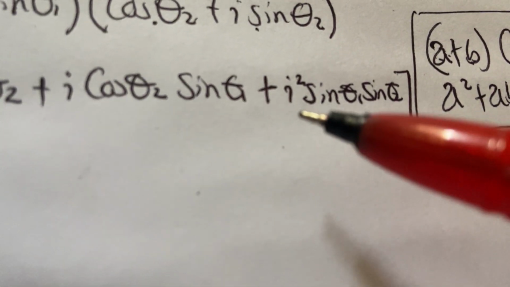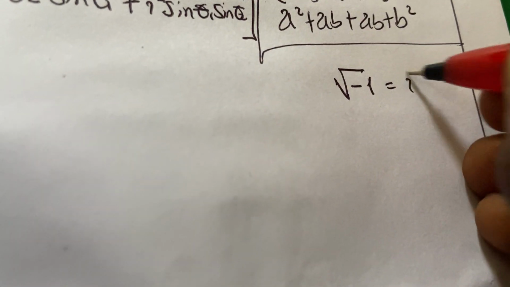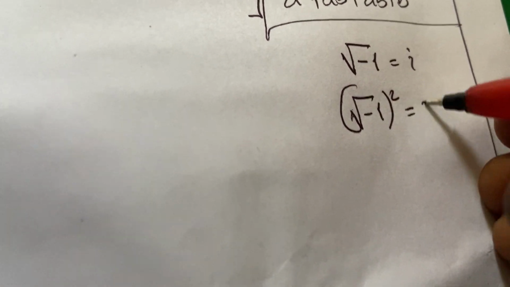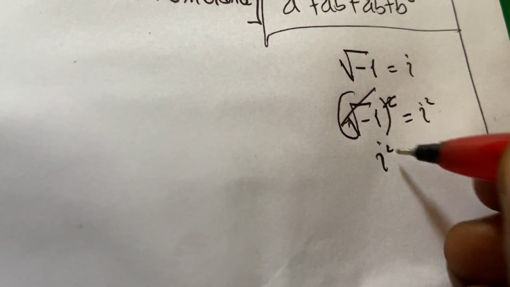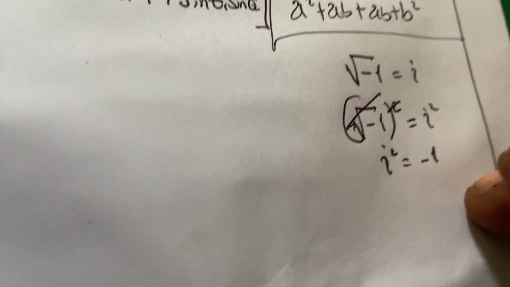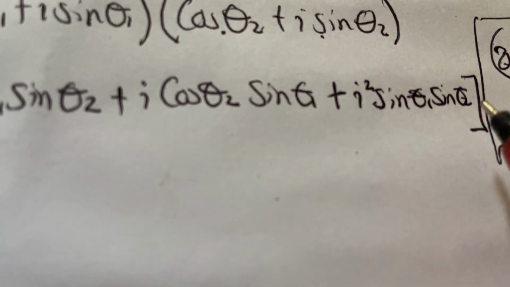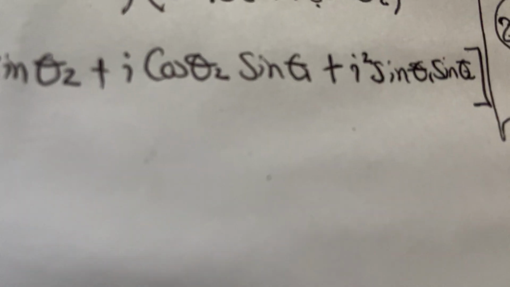Remember in our previous class that we said the square root of -1 is I. Taking the square of both sides, the square root of -1 squared and I squared. Squares cancel square roots, so I square equals -1. That's from our previous class. So it means that everything here will be minus sine theta 1 sine theta 2, because I square is -1.